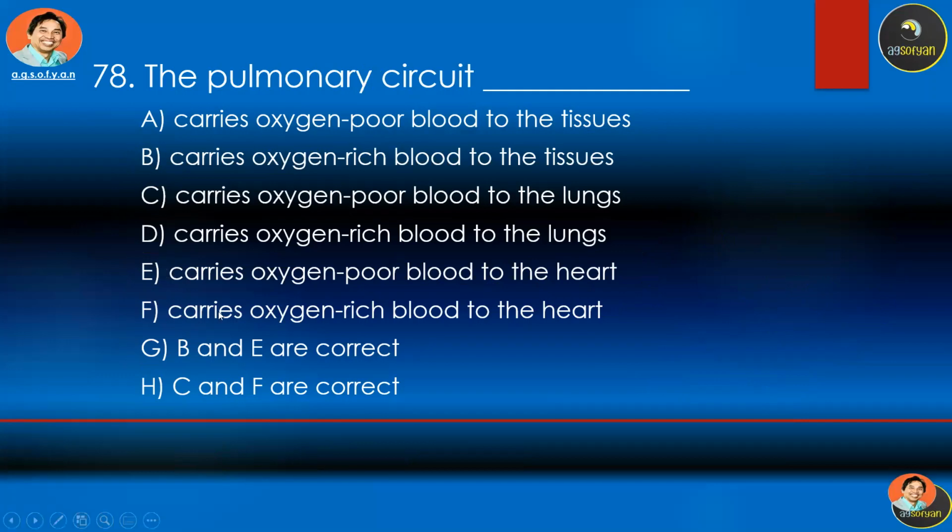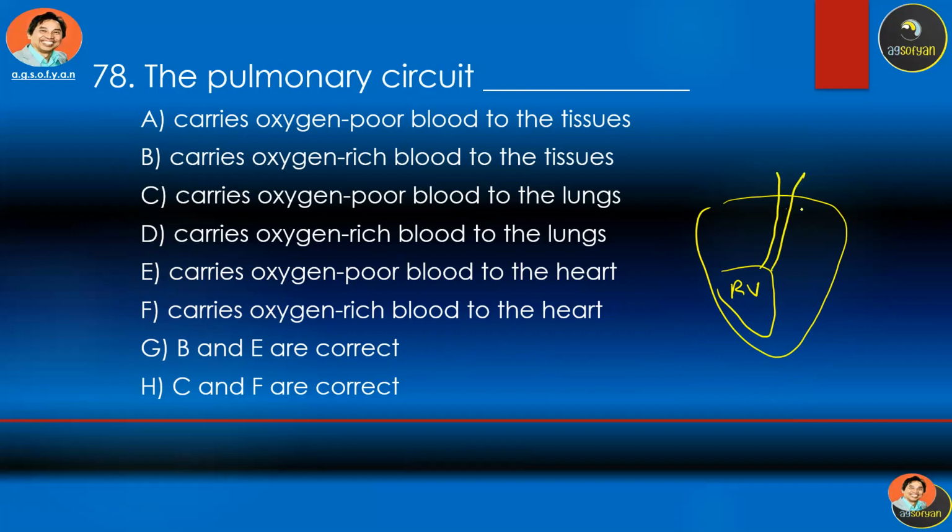The pulmonary circuit, so choose your answer. And this is going to be the opposite. It starts from the right ventricle. It pumps the blood to the pulmonary trunk. Okay? So this blood is going to be poor blood, the one that does not have oxygen, and it will be pumped into the lung.